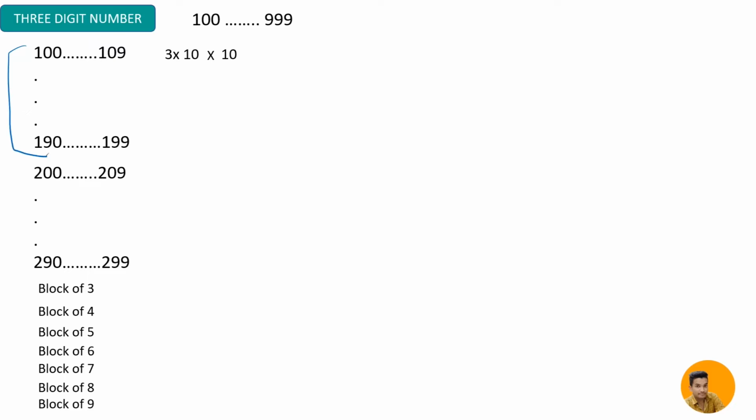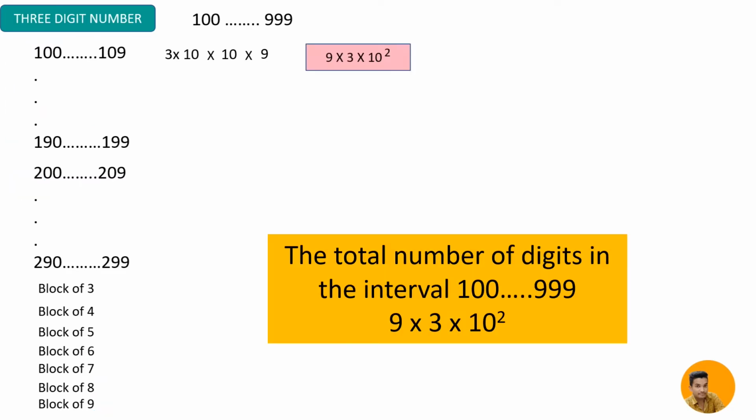This is the number of digits present in block of 1 only, 3 into 10, and you have 10 such blocks, so 3 into 10 into 10. Similarly for 200, 300 and so on, you multiply by 9. So that is the amount of 3-digit digits available with you.